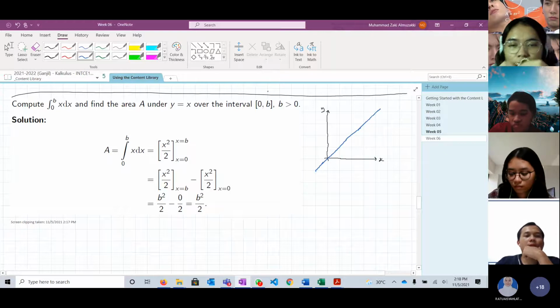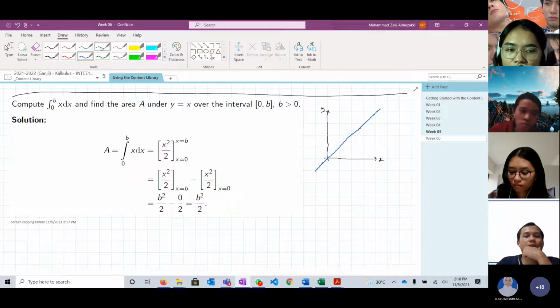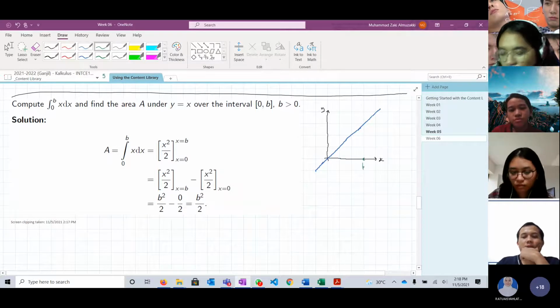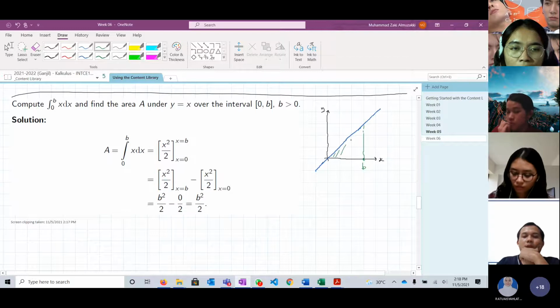Now what we want to find is the area, where b is greater than 0. Let's say we have b here. We want to find the area from 0 to b. So the area is this.